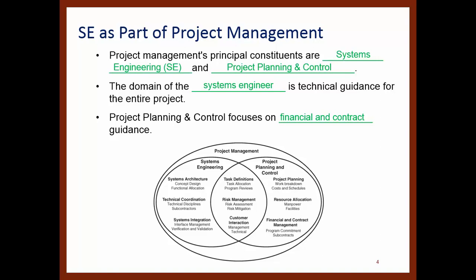So are we meeting the deadlines? Are we meeting the budget and the resources that we have available? In this figure, you see that there's overlapping between the two in terms of defining the task, the risk involved, and having interaction with the customer.